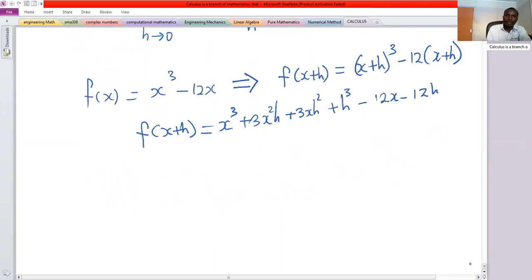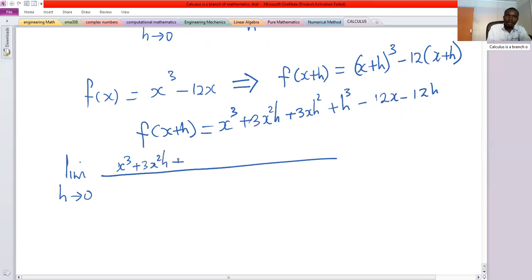So the limit will be limit as h approaches 0 of x cubed plus 3x squared h plus 3x h squared plus h cubed minus 12x minus 12h. Now minus x power 3, but then this will be plus 12x, over h.